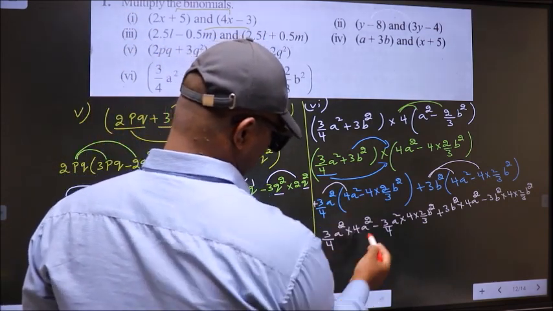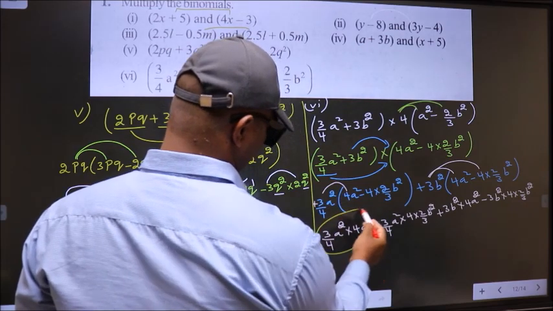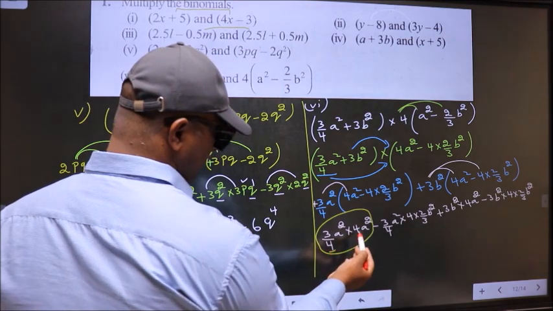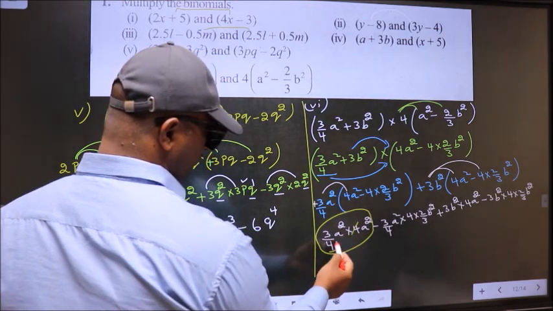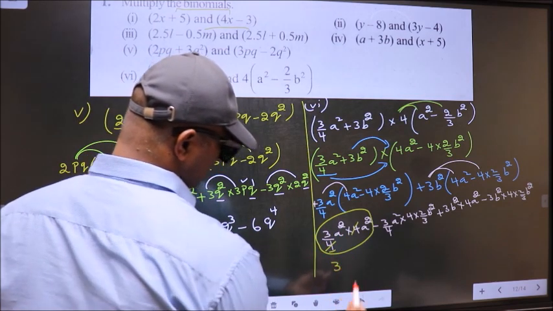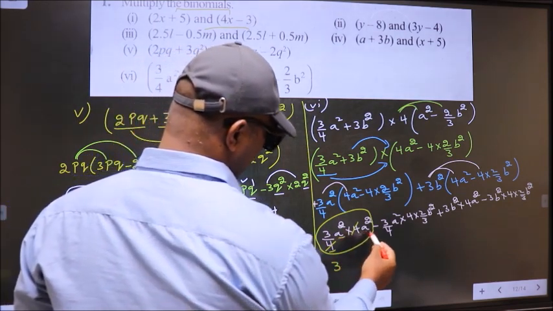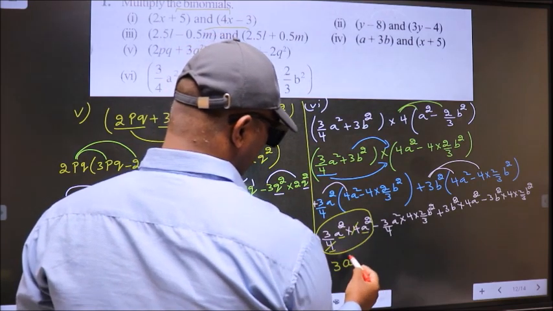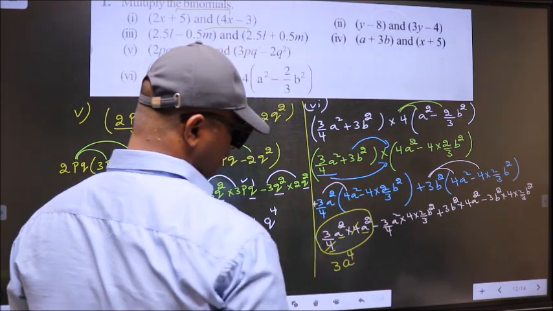Now here, carefully you see, this 4 in the denominator, this in the numerator. So 4 cancel out. You are left with only one number 3. And A, so write A. Bases are same, add the powers, 2 plus 2, 4.